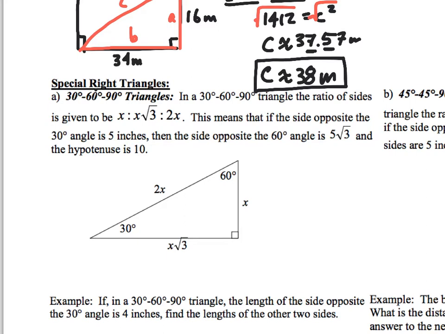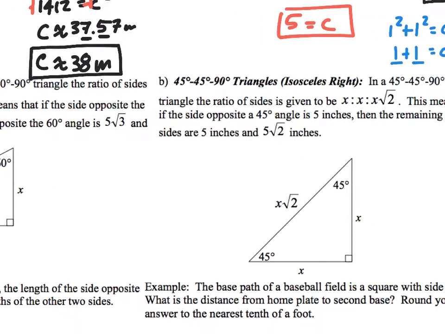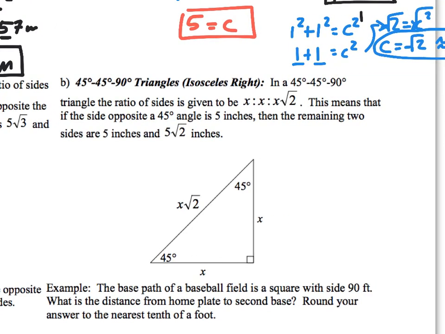And then the third side, the longer of the 2 legs, is that length x times the square root of 3. And that's going to be true for any triangle that has the angles 30, 60, 90. Otherwise, if it doesn't have those angles, it's not going to have that ratio of sides. Now in part B, we have a 45, 45, 90 triangle, which is similar.